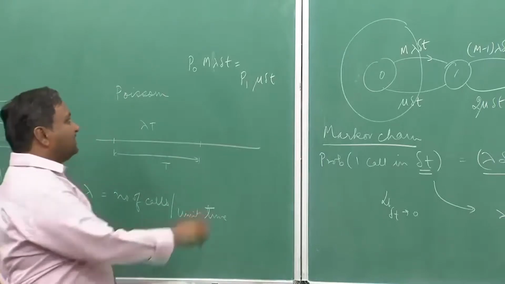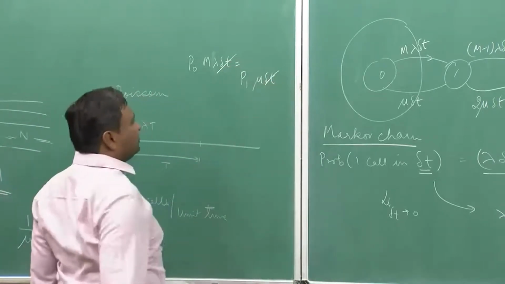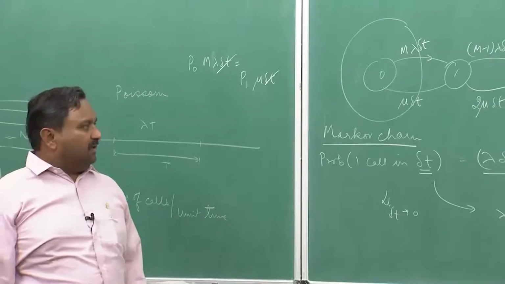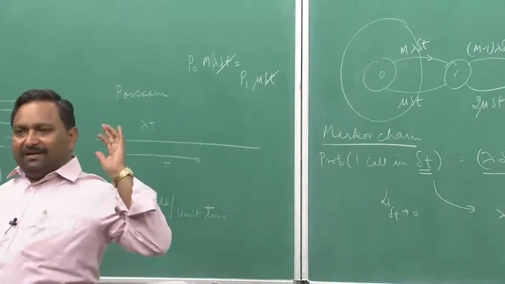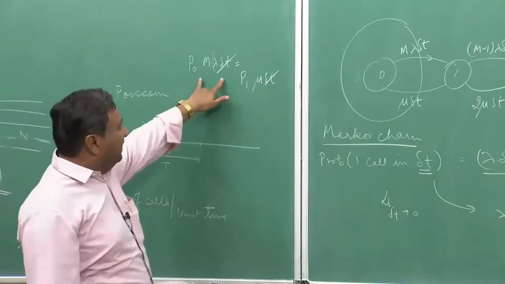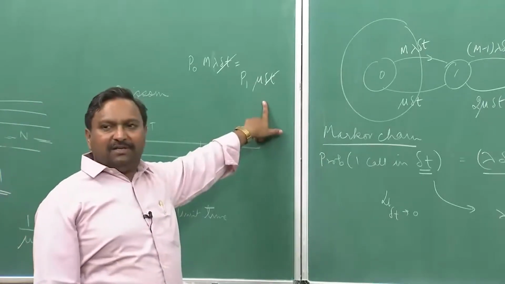Interestingly, this delta t gets cancelled because it is common on both sides. You make any closed surface here and build up a balance equation. This is known as the balance equation.